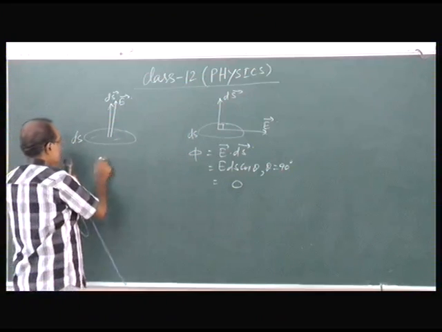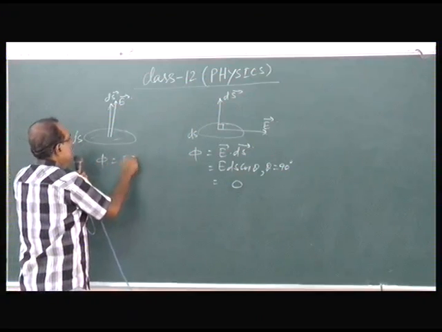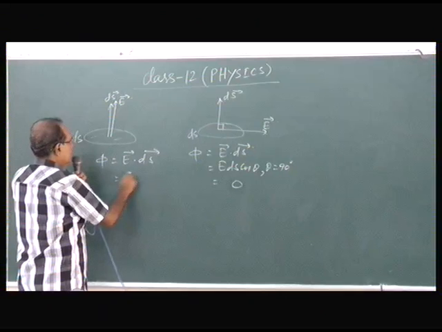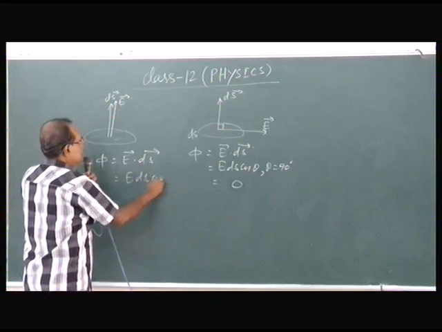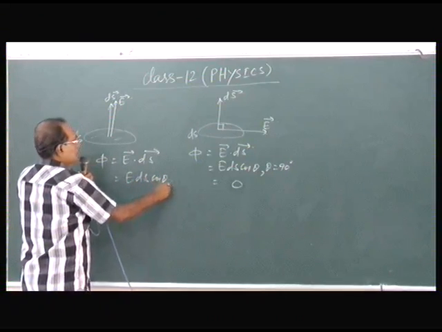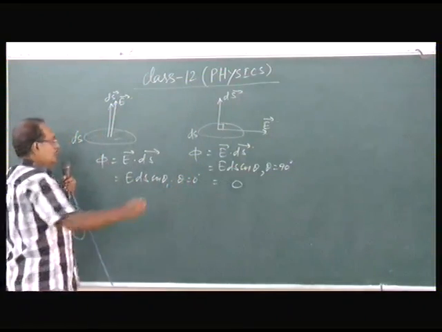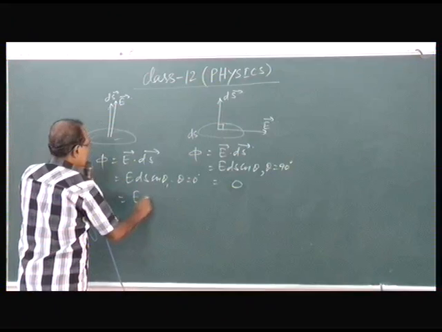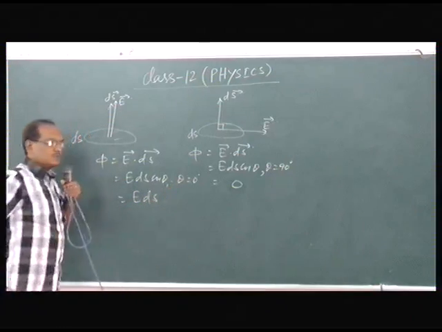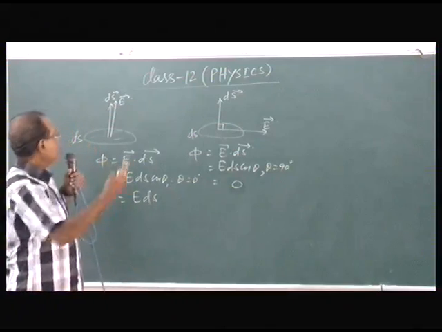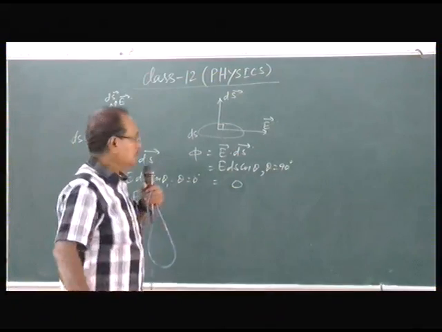Then phi is equal to E ds cos theta, but here theta is equal to 0 degrees. Therefore in this case this will be E ds. Instead of ds, sometimes we take dA also.